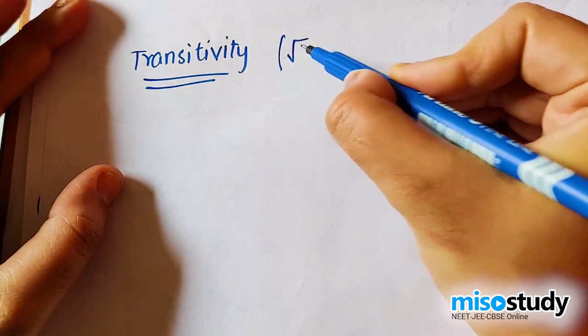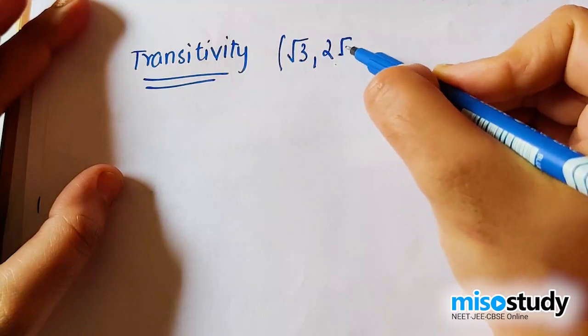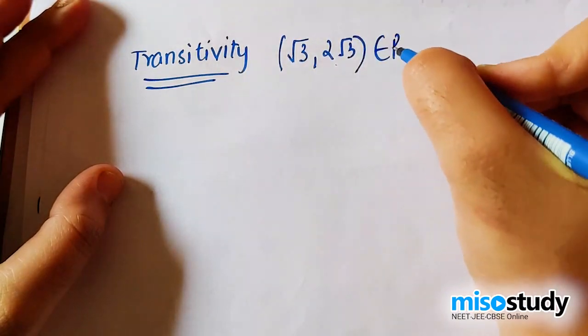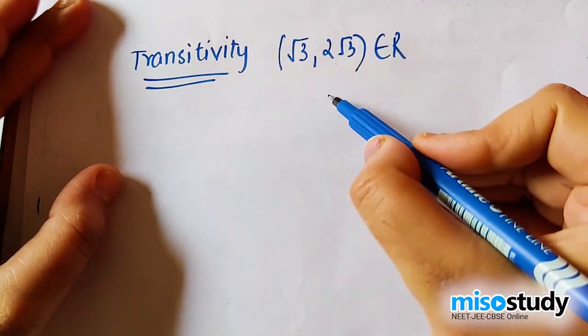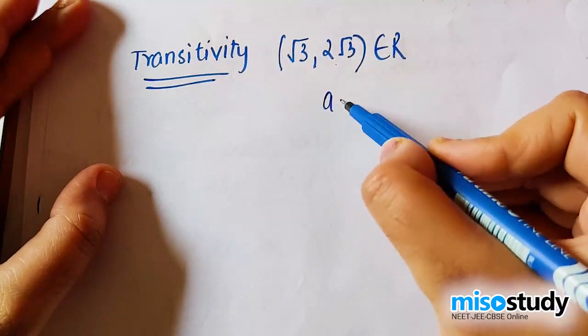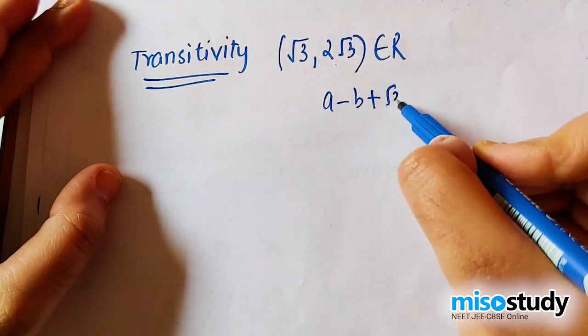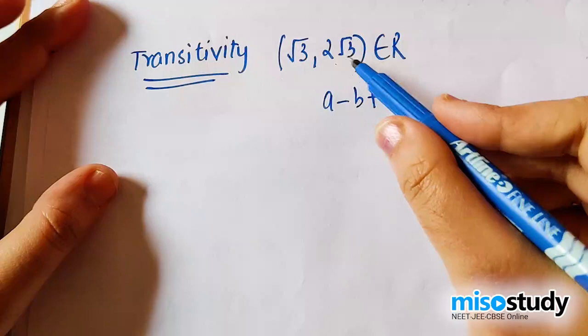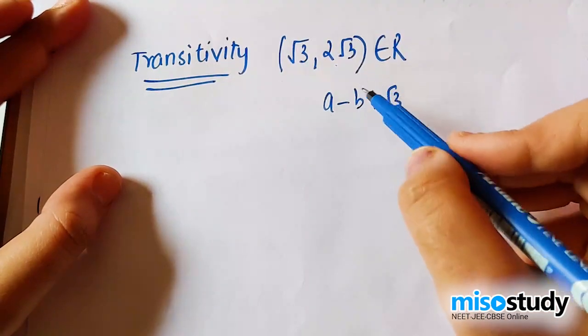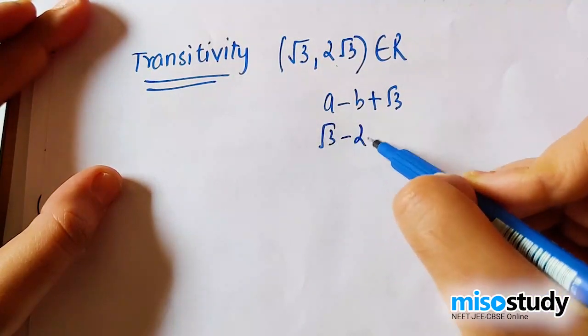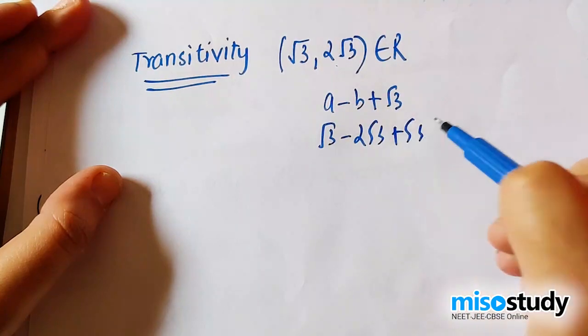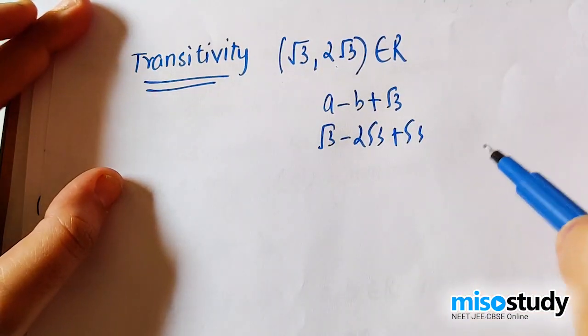Can I see that root 3 comma 2 root 3 belongs to R? Let's check. Because according to my relation, A minus B plus root 3 should come out as an irrational number. So let's see whether it comes out as an irrational number. Root 3 minus 2 root 3 plus root 3. No, it is not coming out as an irrational number. So I'll have to frame it.